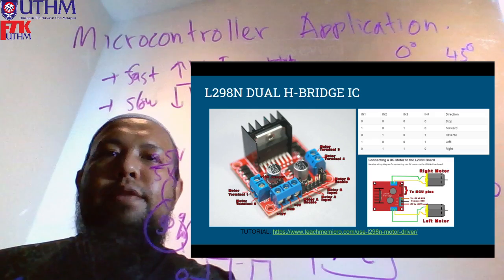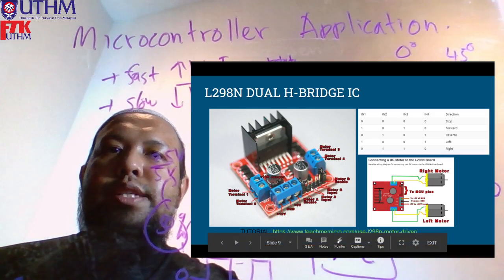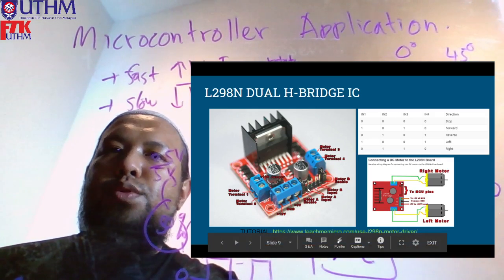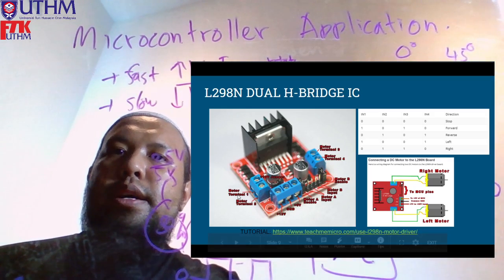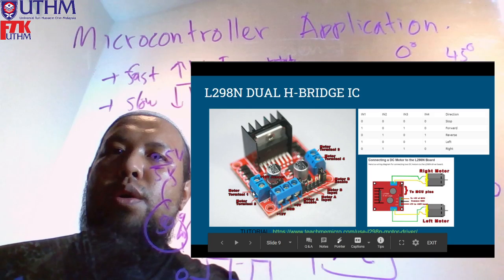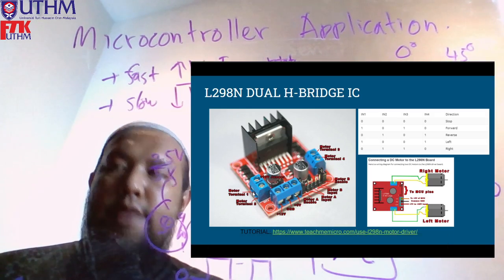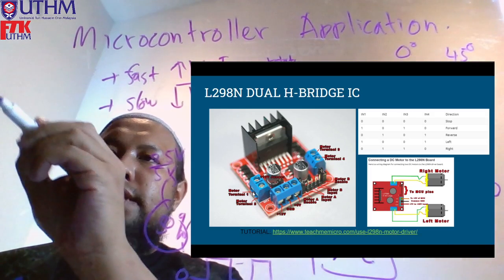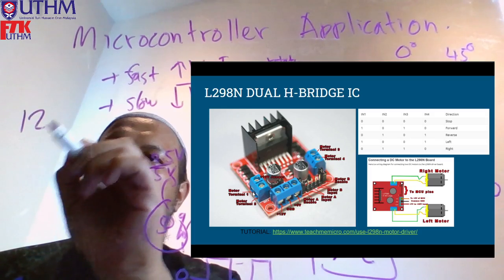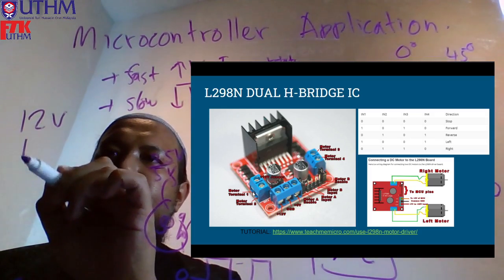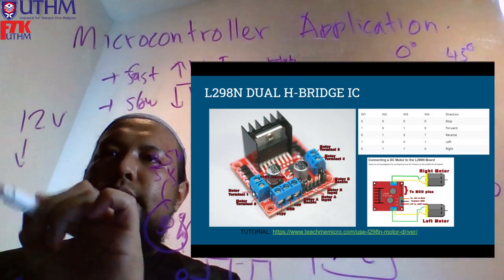For example, if you put 50% duty cycle here, that is 2.5 volt input, your motor output, instead of the full 12 volt, will reduce by 50%.